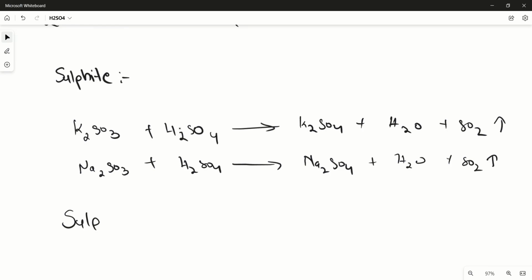And now for bisulfite. Again, as you can see, sulfite is SO3. This would just be HSO3. So I'm not gonna write the difference down again.